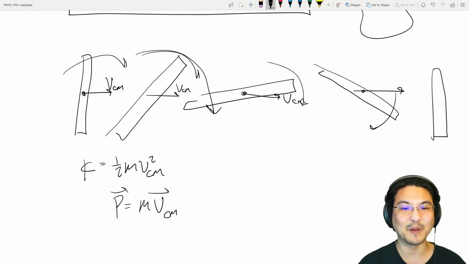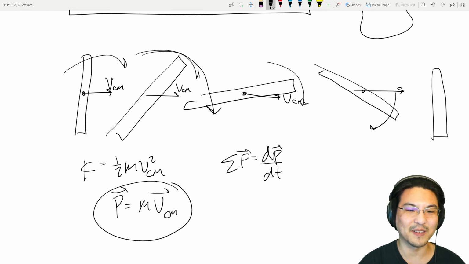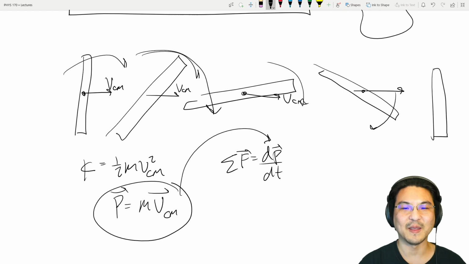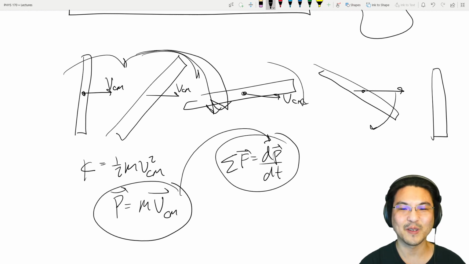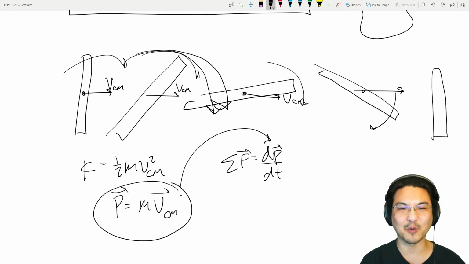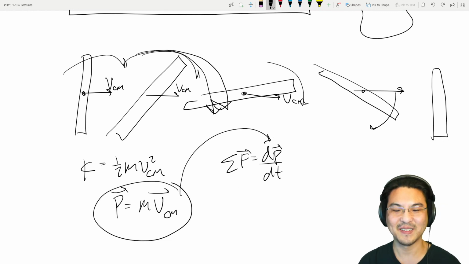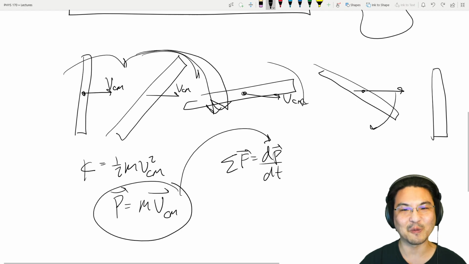And then finally, what about force? Force equals the time derivative of the momentum, which is this. And then what about when it's rotating? Then there's an analogous quantity for force called torque. That's like force, but rotating. We'll get to that in another video as well.